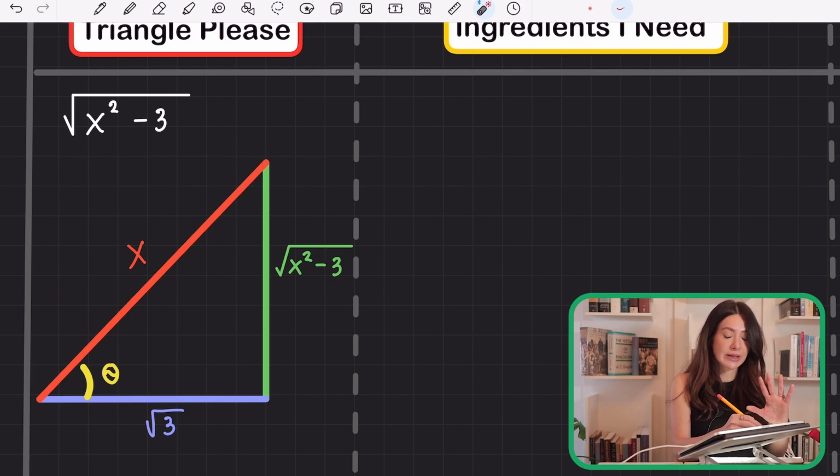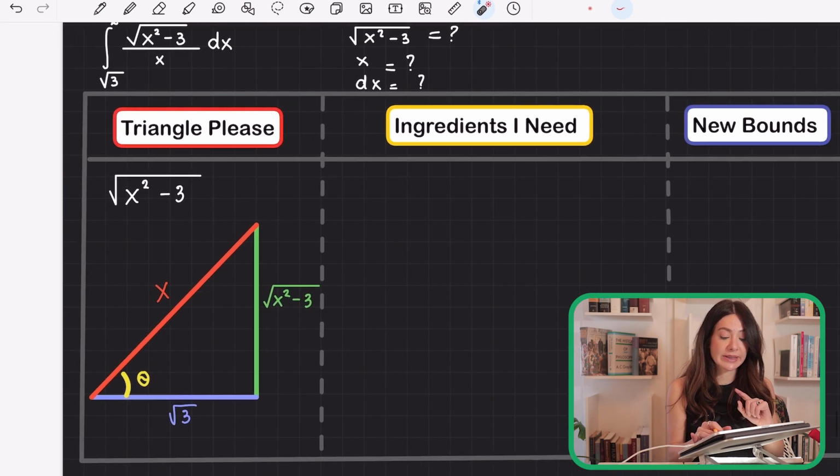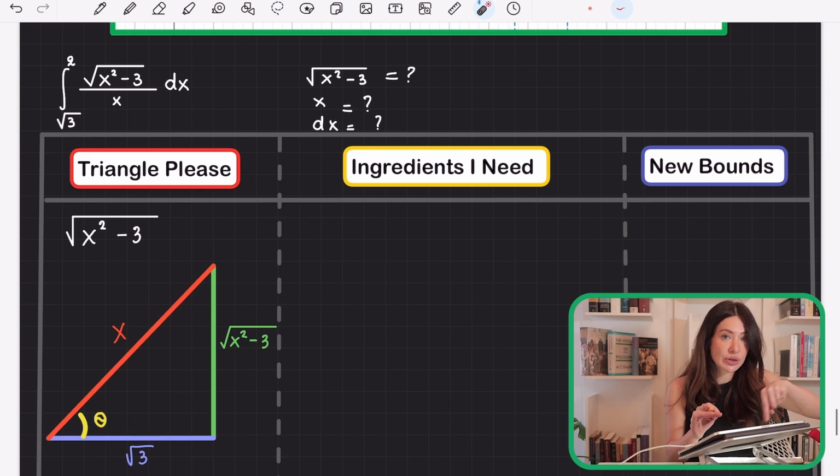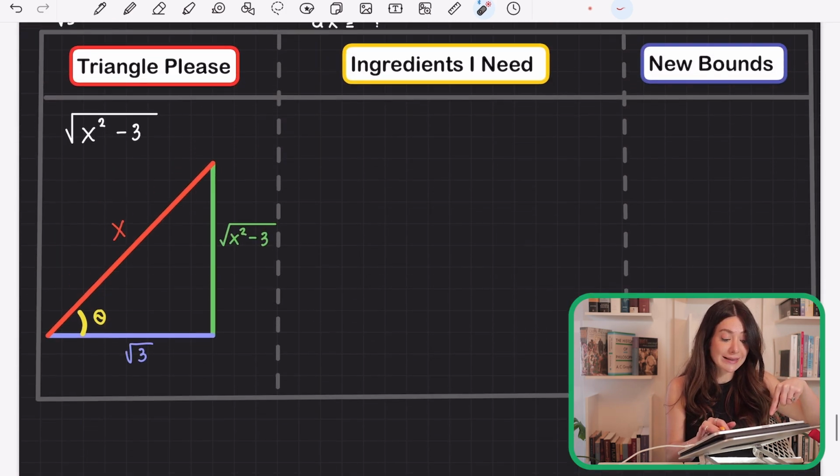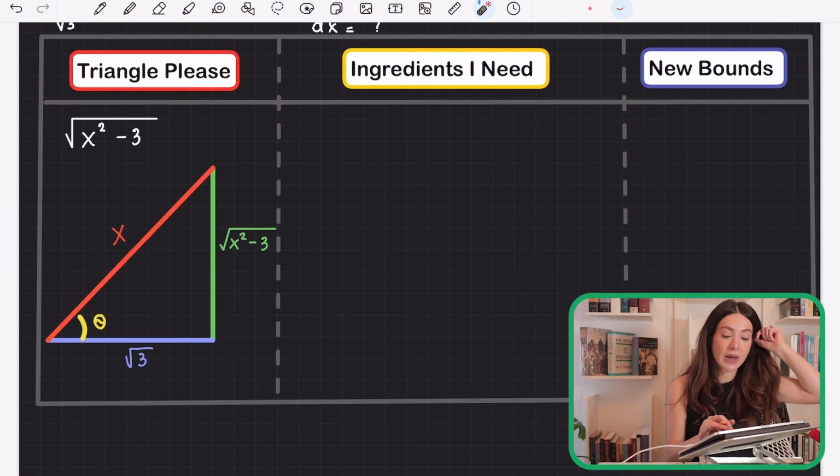And I also like to go with none of them being squared. But don't mix and match them. Don't say this is x squared, then this is the square root of 3, and this is the square root of... No, some are squared and some are not. Don't do that because you will make a mistake, because in the next step I'm going to use these sides that I have just labeled, okay?